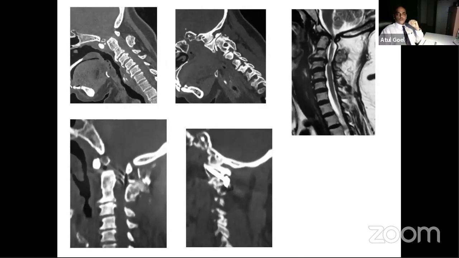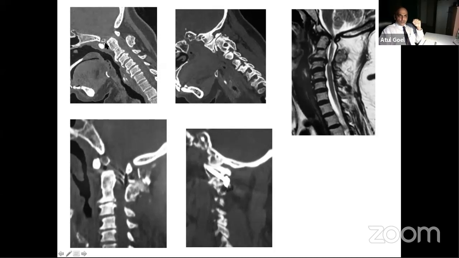Now I want to show you another beautiful concept. You see this bone formation, this is not os odontoideum, this is apical ligament ossification. You see this ossification around the facetal articulation. This is not a congenital problem, but is due to atlantoaxial instability.